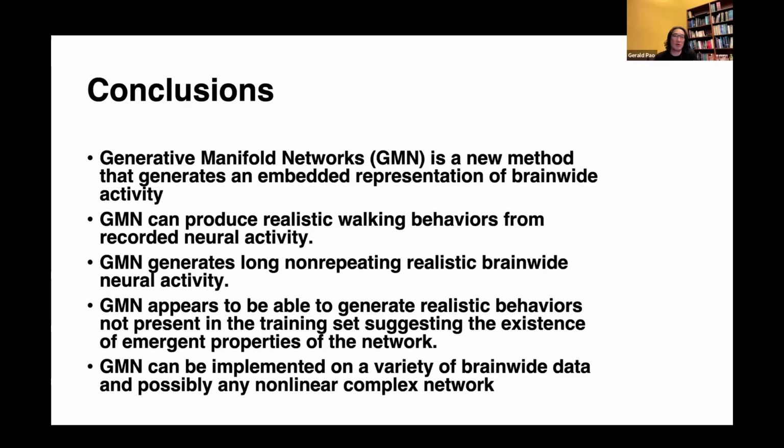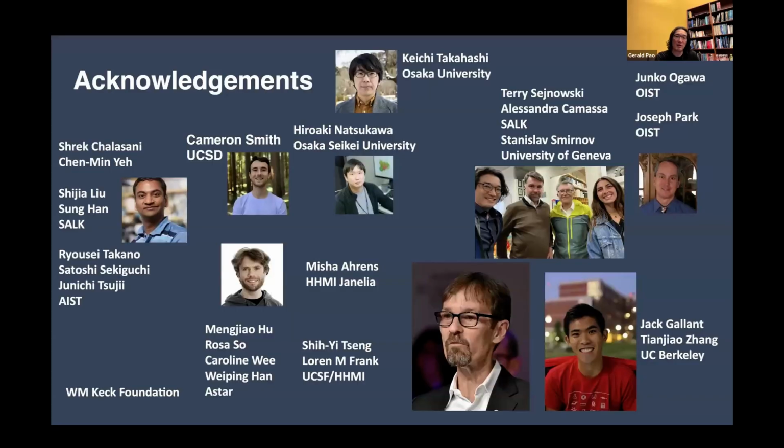This method we call generative manifold networks, and it is a new method that generates a network of manifolds that can simulate realistic behaviors based on real recorded brain data. Anyway, with that, I'll leave my acknowledgments, and those are my collaborators from the last few years, and I'll take questions.